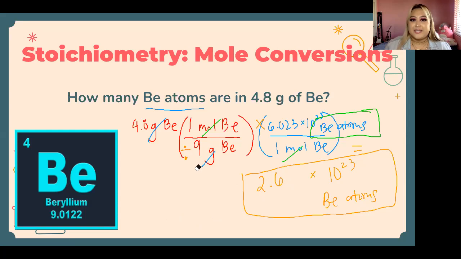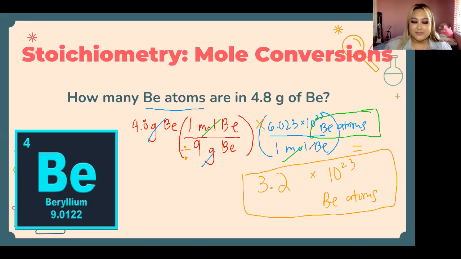Okay, so 2.6. Anyone have any objections to that or agree to that? I got 3.2. Yeah, I think you accidentally put 4 divided by 9, but it's actually 4.8. Oh yeah, that was my bad. It's 3.2. Okay. 3.2 times 10 to the 23rd. 23rd still correct or different?